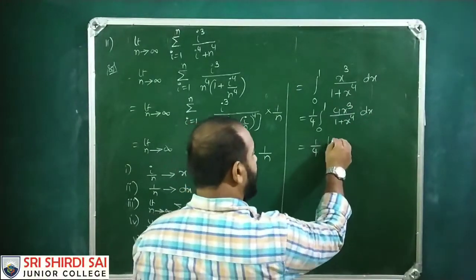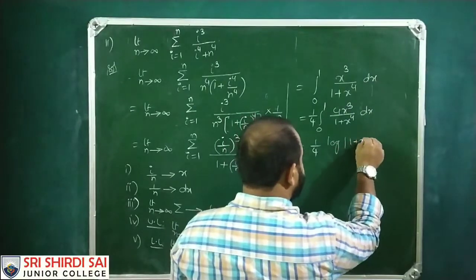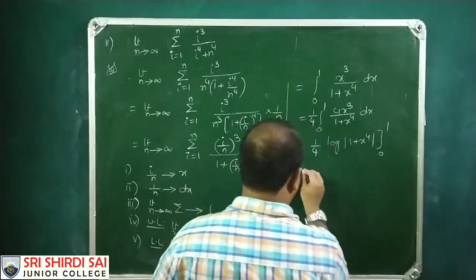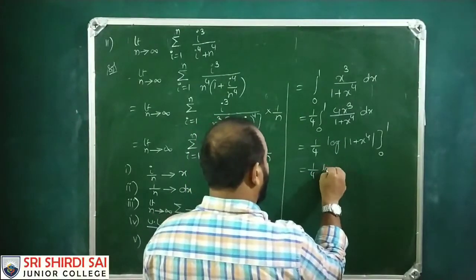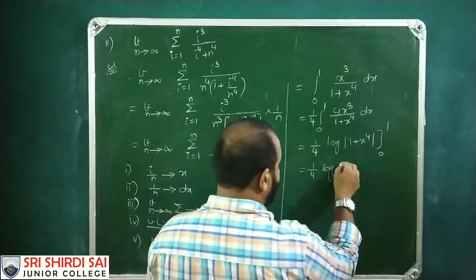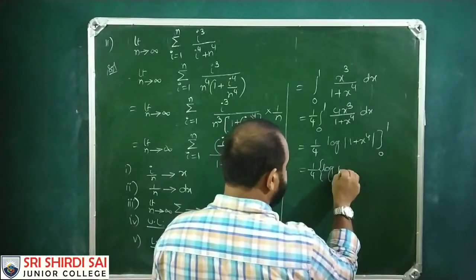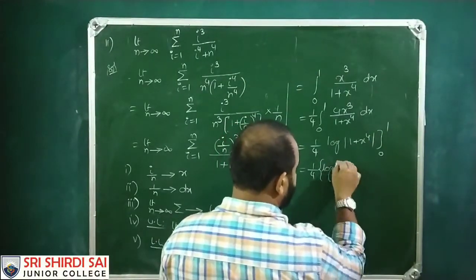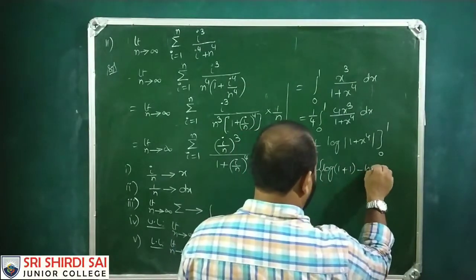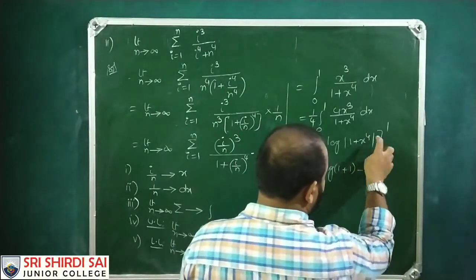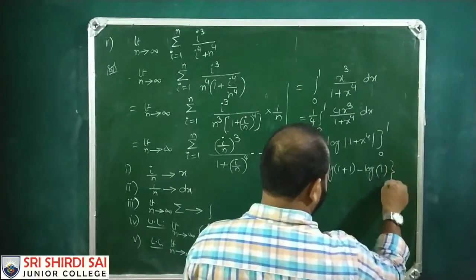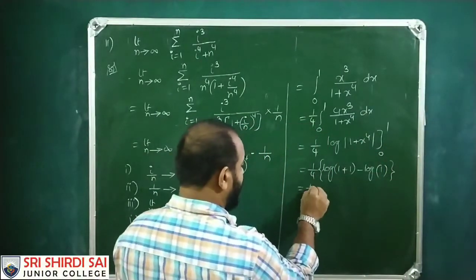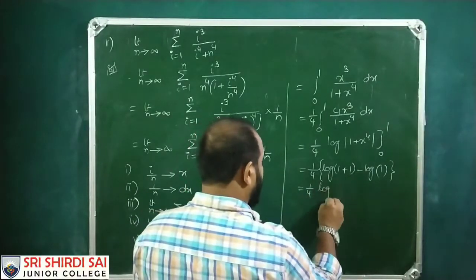So log mod 1 plus x power 4 from 0 to 1. 1 by 4 log, substitute the upper limit, 1 plus x power 4 is 1 power 4, so 1 plus 1, minus the lower limit, log 1 plus 0 power 4, 0 power 4 is 0, so 1 plus 0 is 1. So 1 by 4 log 2.